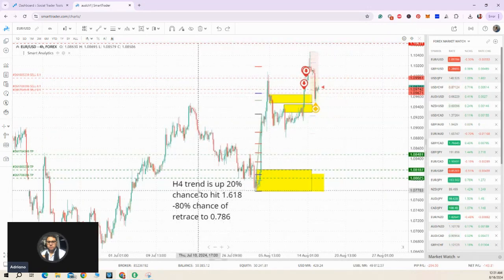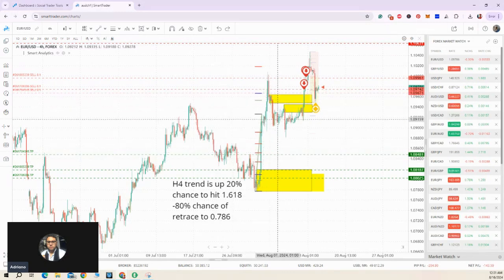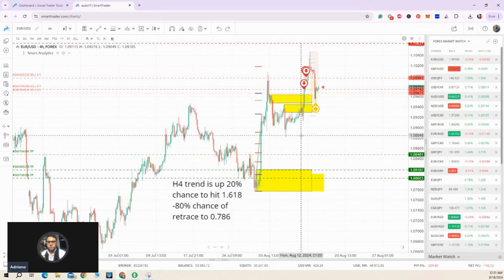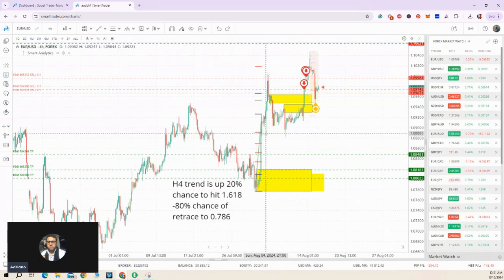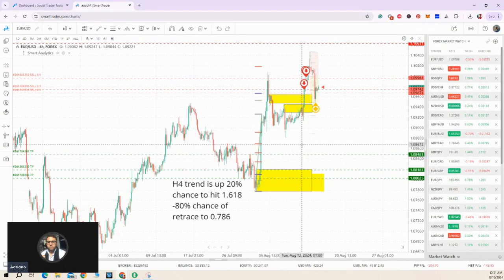I wrote this was in an upswing, a Fibonacci up movement, and then the market retraced to 23%. I don't like to take a trade like this one here. I prefer when the market retraces a little bit more to 50%, 61%.